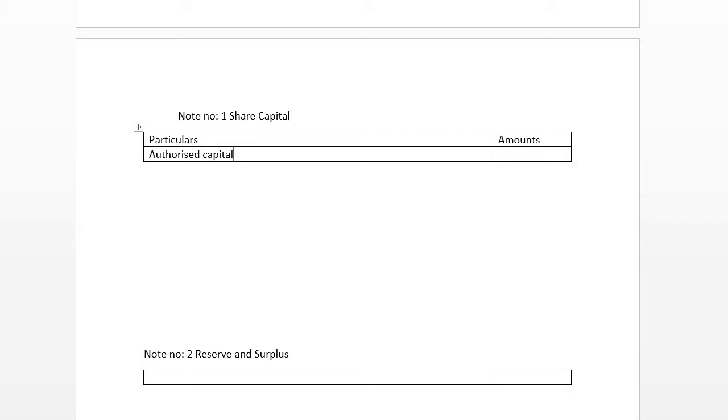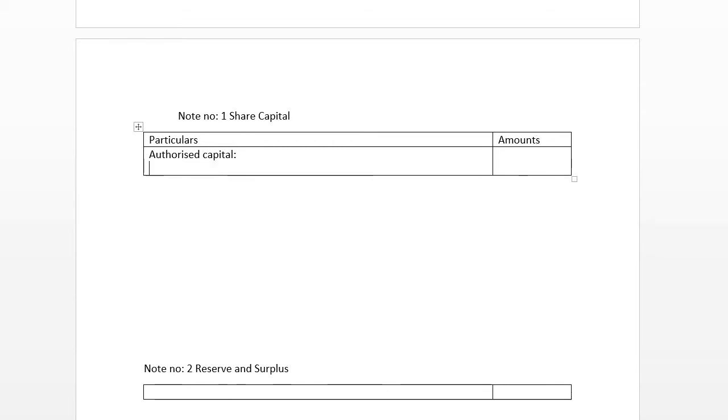How much amount of authorized capital has to be there, right? Usually in authorized capital, assume that here 8,000 equity shares of rupees 100 each. Assume that this is the authorized capital.